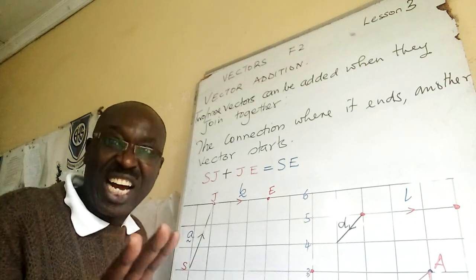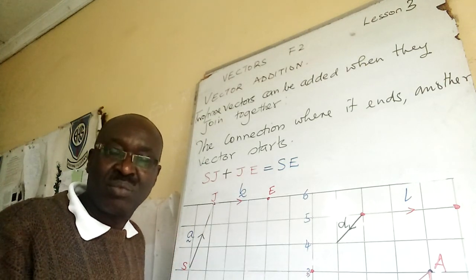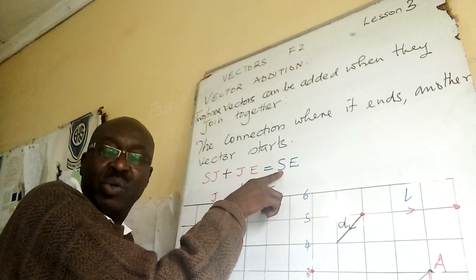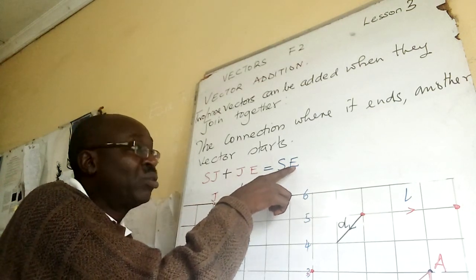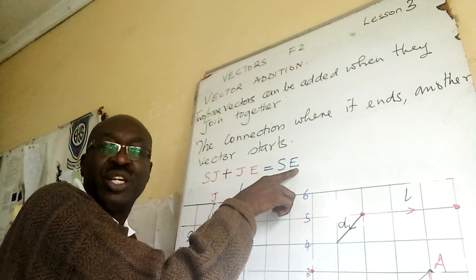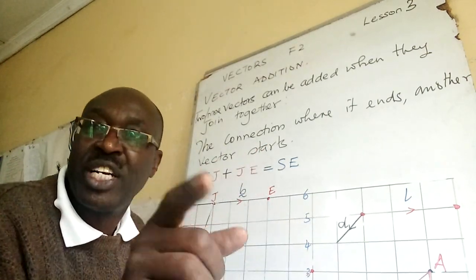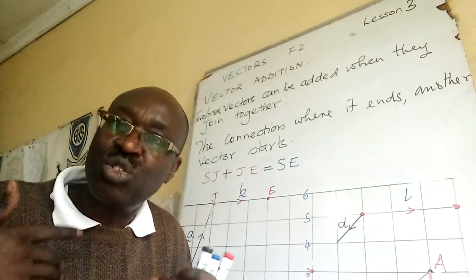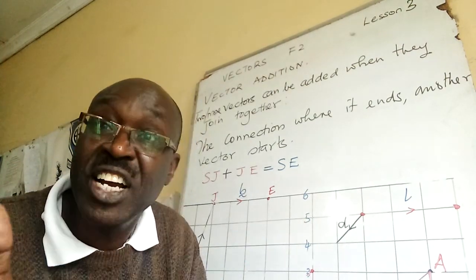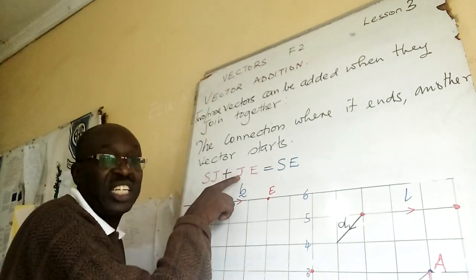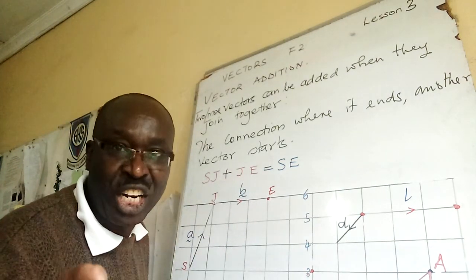I'm at South C. An example. I'm here. Somebody asking me, where are you going? I'm going to town E. Then this is the description of your movement. But those movements are what we call vectors. So there is vector SJ and there is vector JE, capital letters.